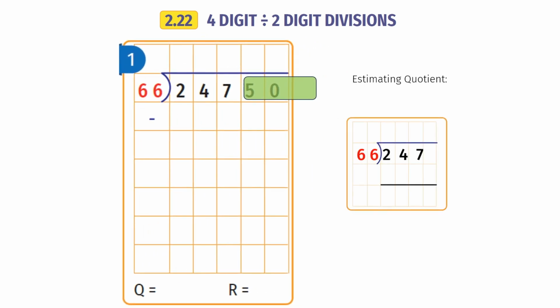We know by now how to divide a 3-digit number by a 2-digit number. We hide the last digit of the divisor and the dividend to get an estimate. Here we get the estimate of 4.